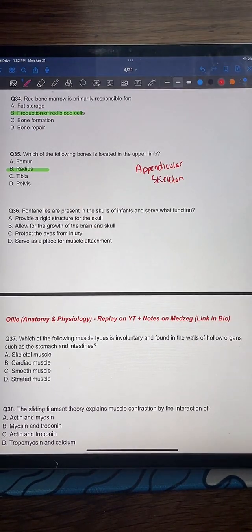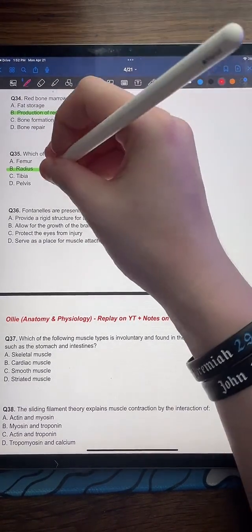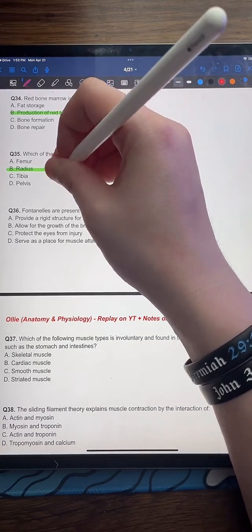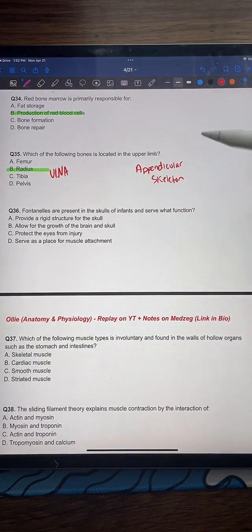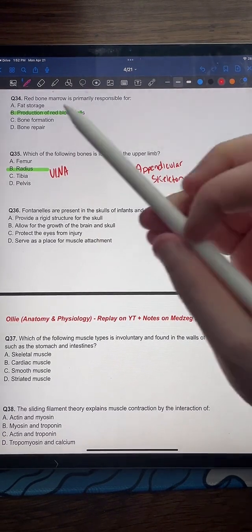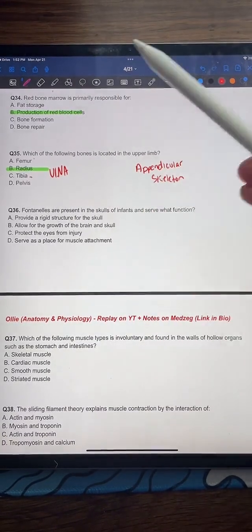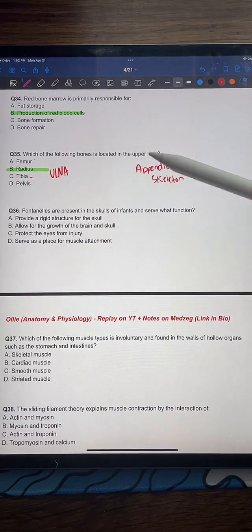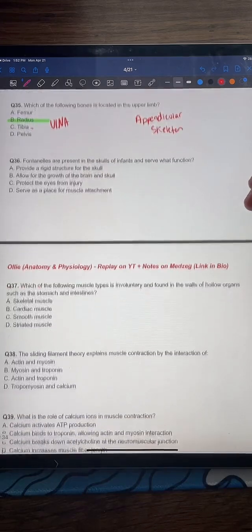The radius is one of the two bones of the forearm, the other being the ulna. Femur is in the lower limb. Tibia also in the lower limb. This is our thigh bone. It's part of our shin, lower leg. Pelvis is basically that large girdle that connects our lower body to the spine and upper body.